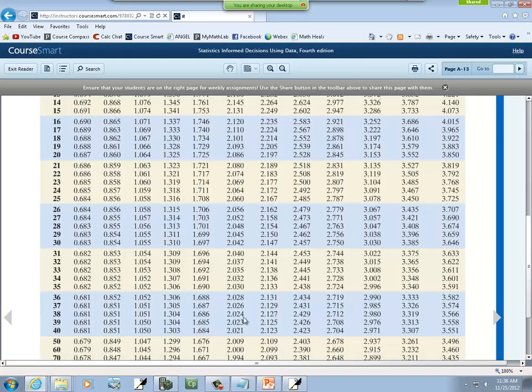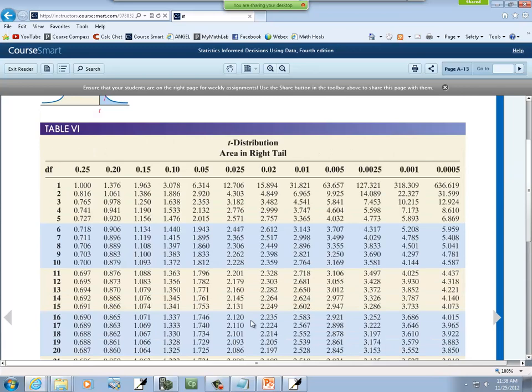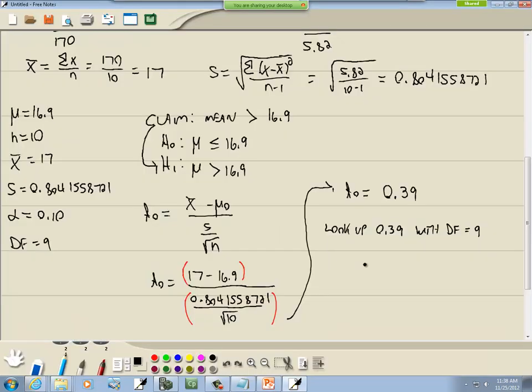Okay, 9 is this row, and I'm looking for 0.39. Well, it looks like here's 0.703, so it's going to be less than this. Remember how this goes: these become greater as they go to the left. So the p-value is going to be greater than 0.25.